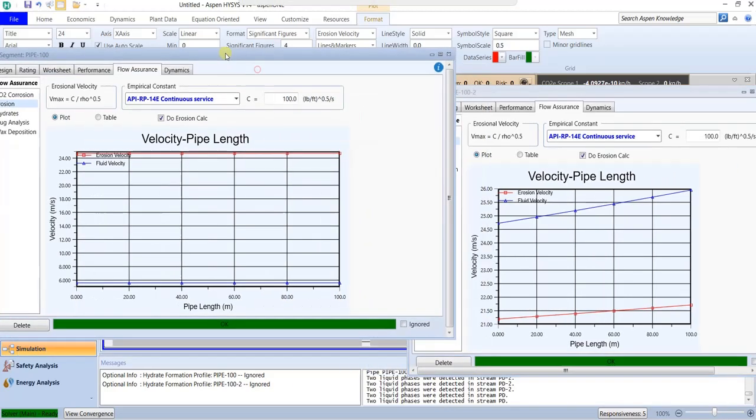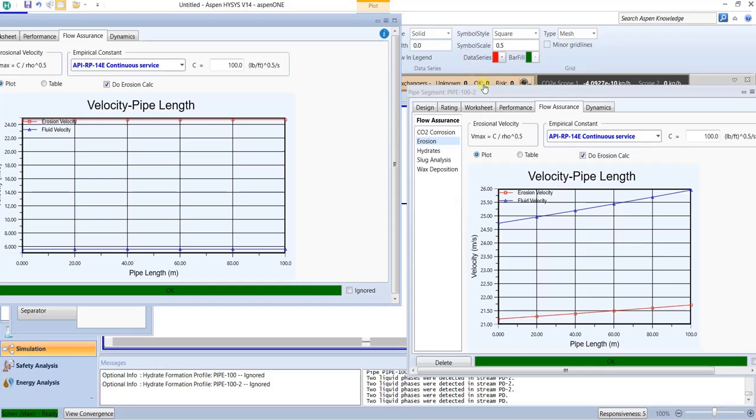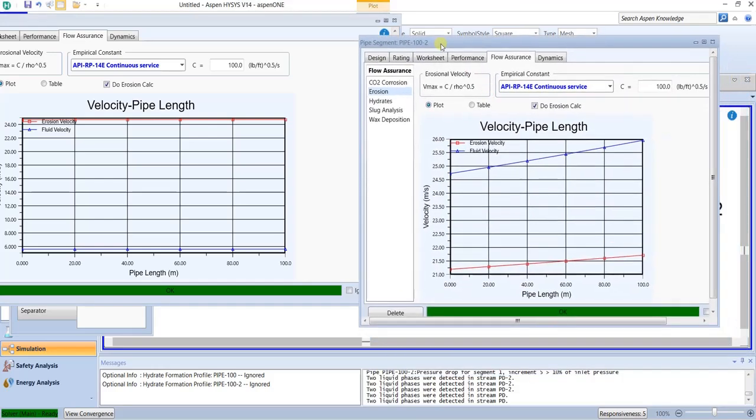So if there's a way I can try to have both charts on my screen. So you have the fluid velocity above the erosional velocity. So in the case of this second pipe, erosion would occur, right? Because fluid velocity is above erosional velocity, right?